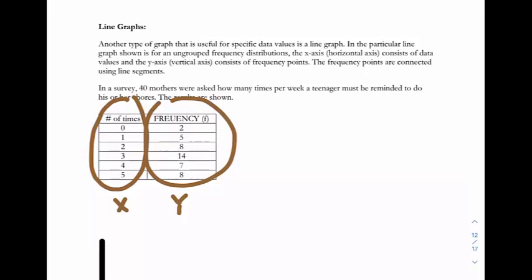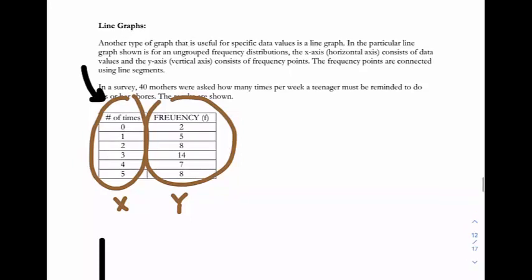Remember, in this section we're looking at graphs for quantitative data. So usually in that case, this is going to represent something that's numerical. In this case, we're looking at 40 mothers who were asked how many times per week their teenager must be reminded to do his or her chores.